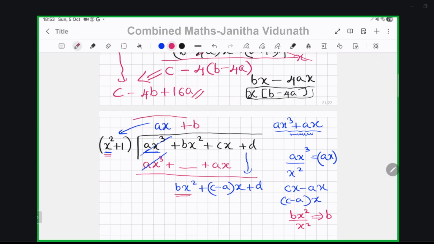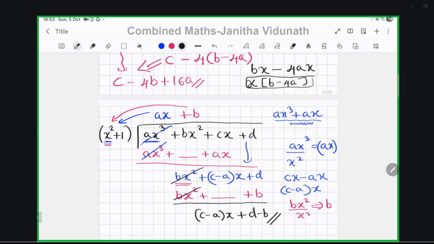Then we need to multiply it with the entire divisor. Then it will give the result bx² + b. We keep a blank for the x term, and here we give + b. Then we need to subtract those two, and the bx² term will cancel out. Then (c − a)x + d − b will be remaining.